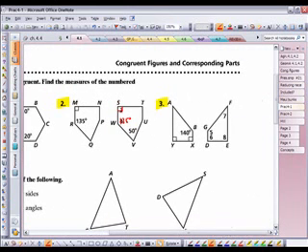Over in this example, angle Y is a right angle, so angle E would be a right angle. And then angle X and angle D go together, so this is a right angle. 140 indicates that this would be 140 as well. And then in order to get angle 7, we do 360 degrees because it's a quadrilateral, minus 90, minus 90, minus 140, leaving us with 40 degrees for angle F.